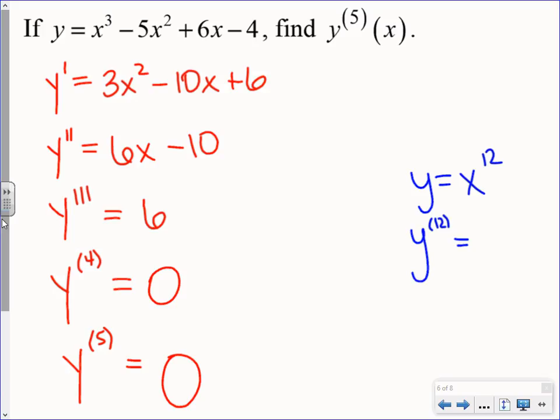Okay. So if I'm asking you for the 12th derivative of x to the 12th, what power is x going to have? What power is our x going to have? Cole says 1. Q says what? Sorry, you're right next to each other. 0.